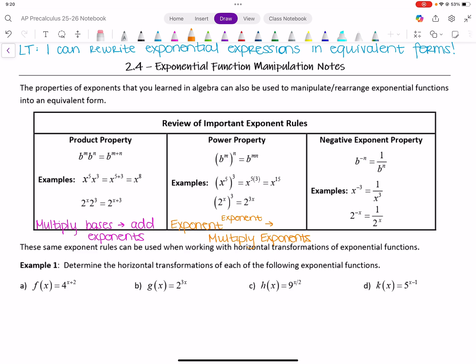And then whenever we have a negative exponent, in order to make it positive, we have to flip the base to the other side of the fraction.